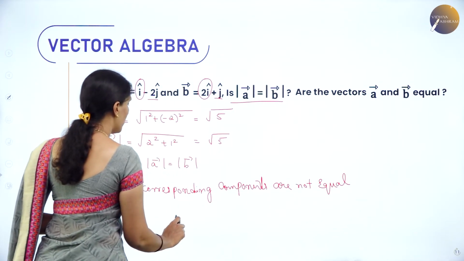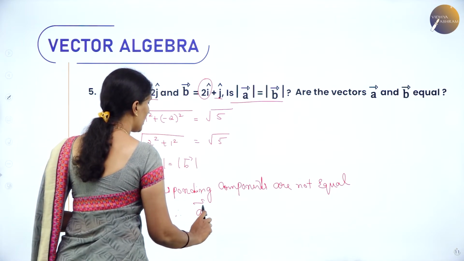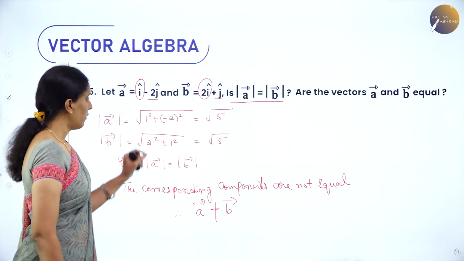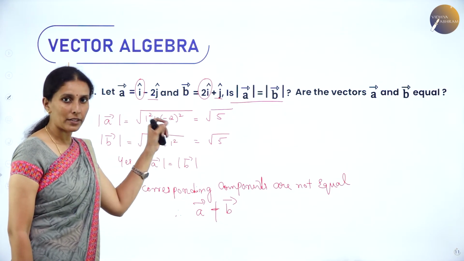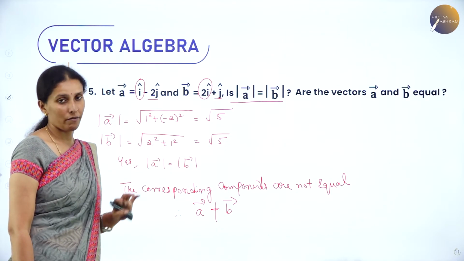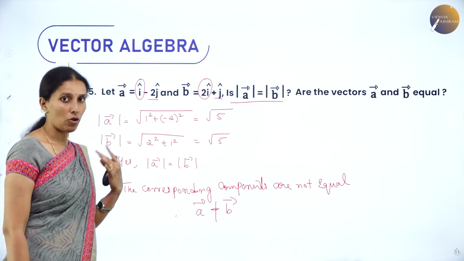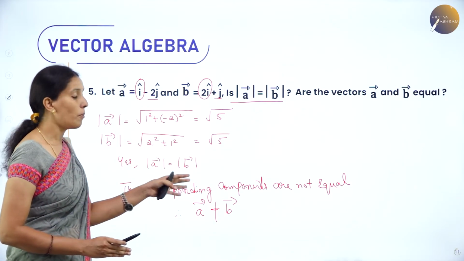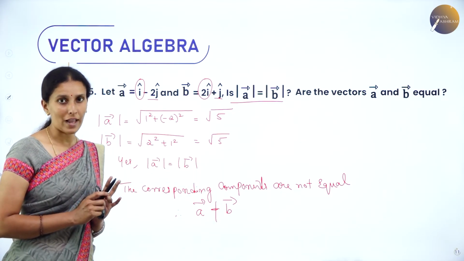So we can say vector A is not equal to vector B. So remember, whenever the magnitudes of two vectors are equal, it is not that they must be one and the same vector. They might be different also. So to say two vectors are equal, their components should have the same values.